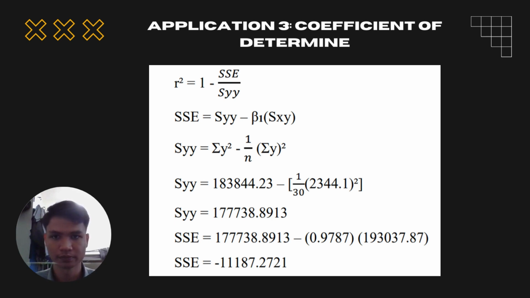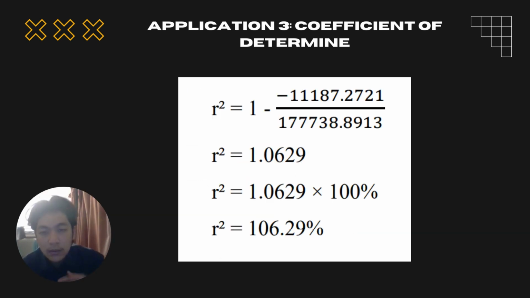So we get that SYY is 177,738.8913 and the SSE is negative 11187.2721. So for R squared, we get 1.0629, and we convert it to percent, we get 106.29%.